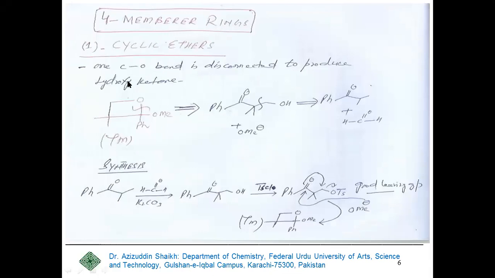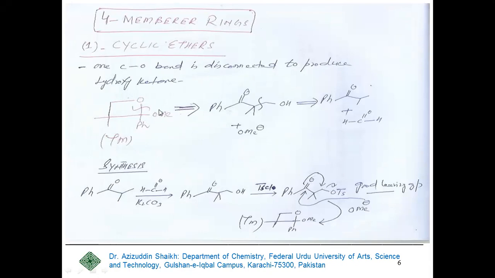Now we start four-membered rings, the disconnection approach as well as synthesis. Cyclic ether: one CO bond is disconnected to produce a hydroxy ketone. This is the example. The target molecule is a cyclic ether with methoxy and phenyl groups attached.